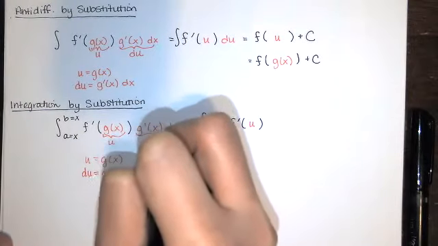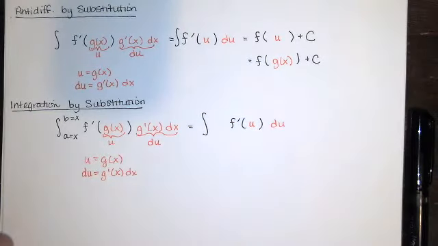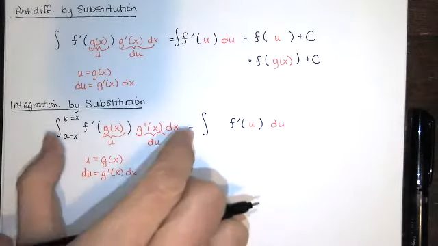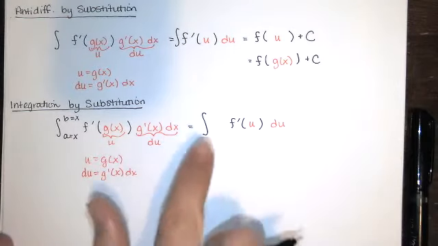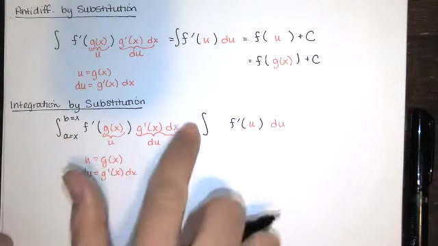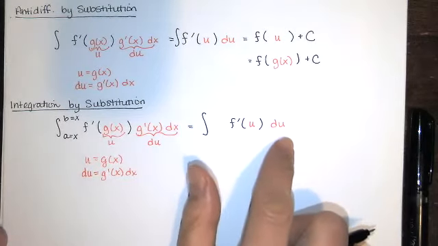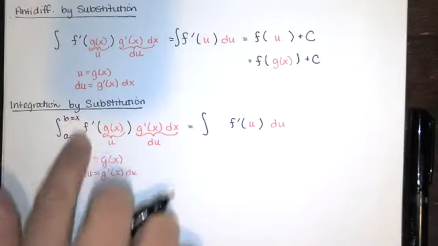So that can all be replaced by du. All right, that's great. But be careful, you need bounds here. This is a number. This needs to be a number too, but be careful. You can't use these bounds over here. Once I've written my integral entirely in terms of u, these need to be bounds for u, not bounds for x.